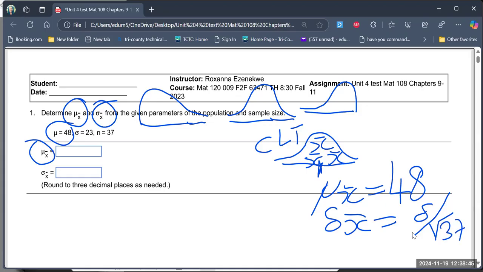That's all they want you to emphasize here. If you're to round your answer to 3 decimal places, you have to simplify. So this is 48 for mu x bar, and I'm going to evaluate 23 divided by square root of 37.